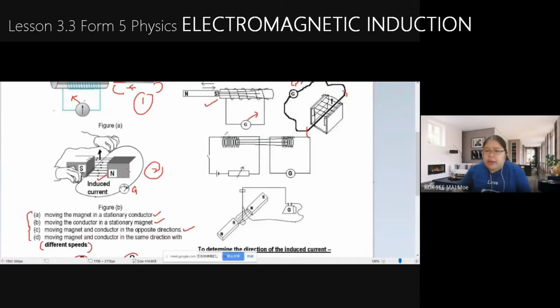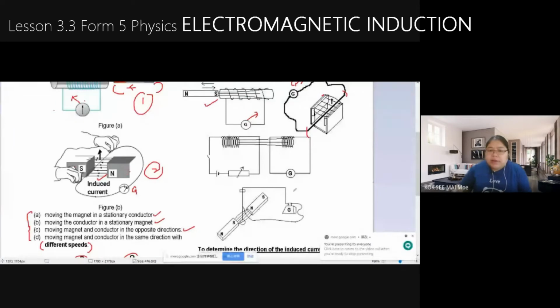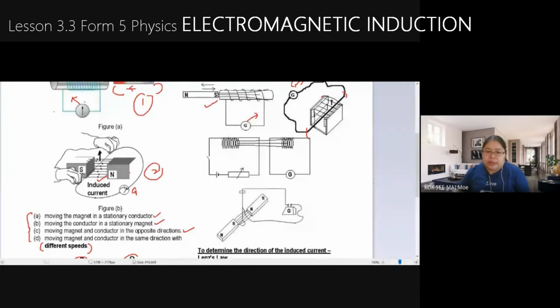You bring this solenoid closer to the other solenoid, so they will link to the other side. After that, it will automatically generate the induced current in the second circuit, and the galvanometer will be deflected. The last one is the same, just like what I told you just now, the magnet still wants to go in.